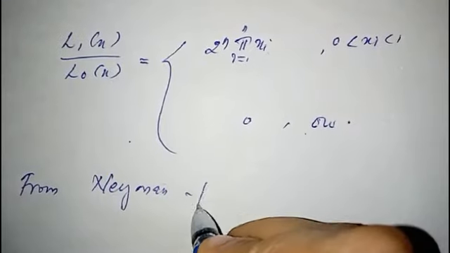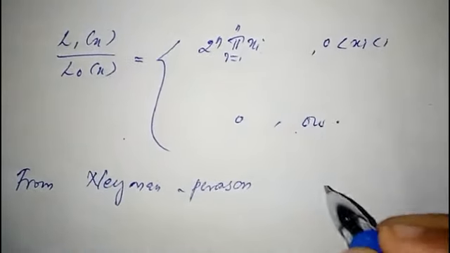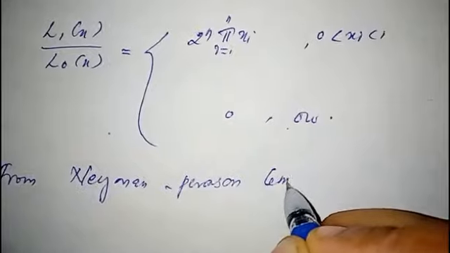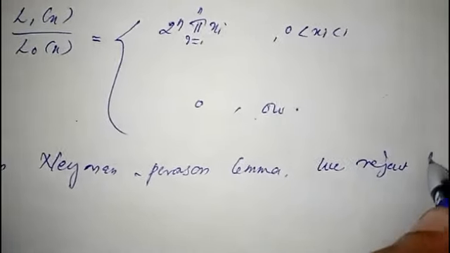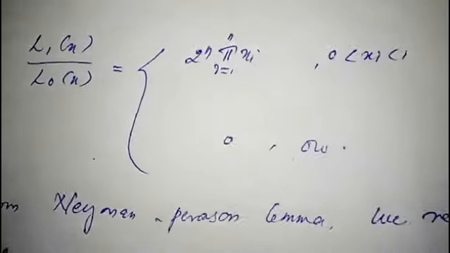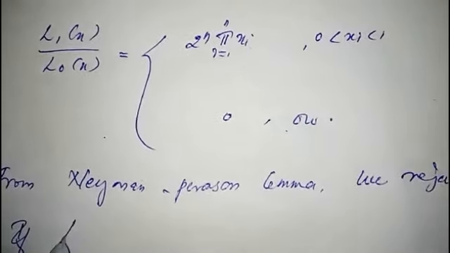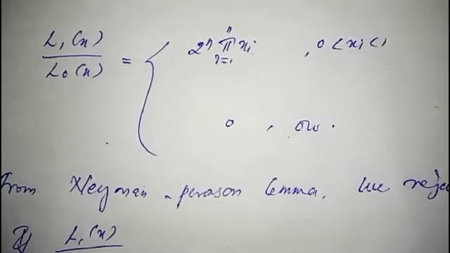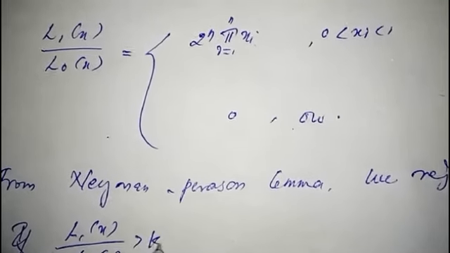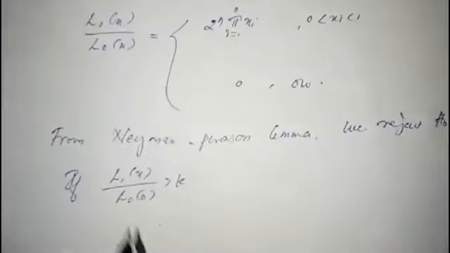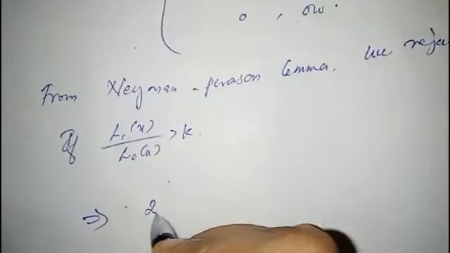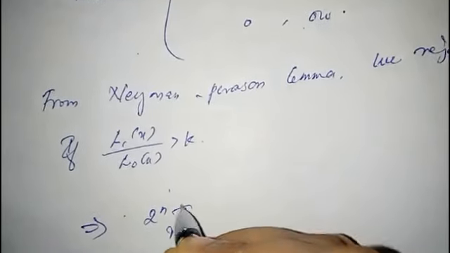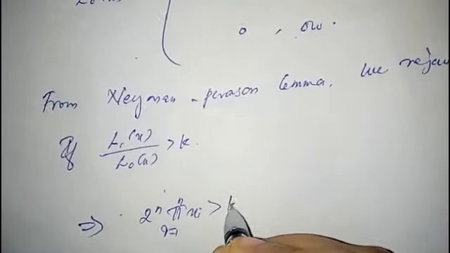From the Neyman-Pearson lemma, we reject H0 if L1 of x divided by L0 of x is greater than k. Then this implies 2 to the power n times the product from i = 1 to n of xi is greater than k1.